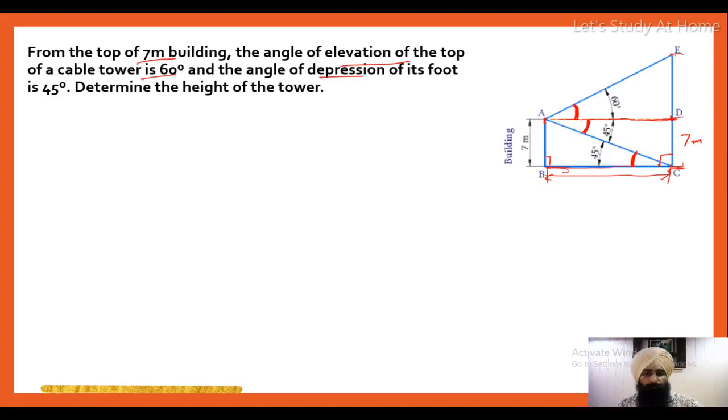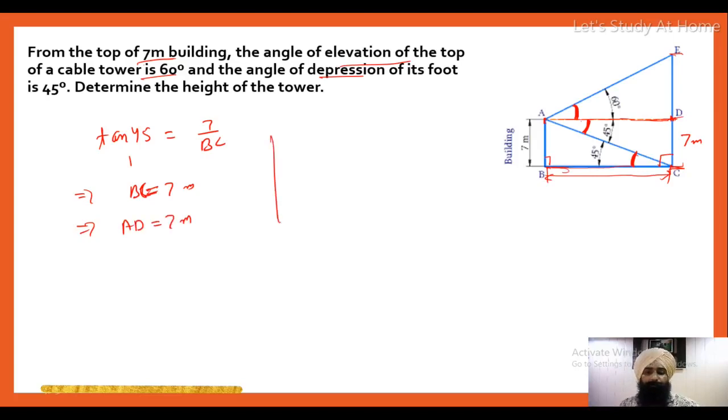So by using angle 45 degree here and perpendicular 7 meter, tan 45 degree is equal to 7 over BC. BC is equal to 7 meter. Did you understand why I took 7 meter? Because tan 45 is equal to 1. BC into 1 is BC. So this implies if BC is equal to 7, then AD is also 7 meter.